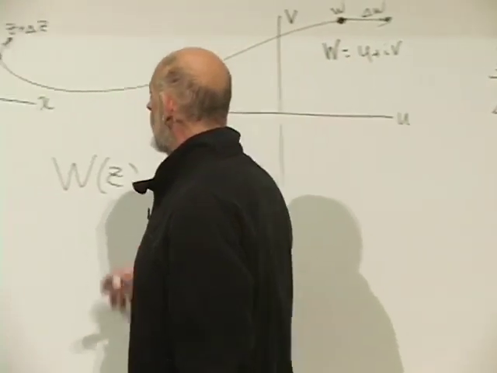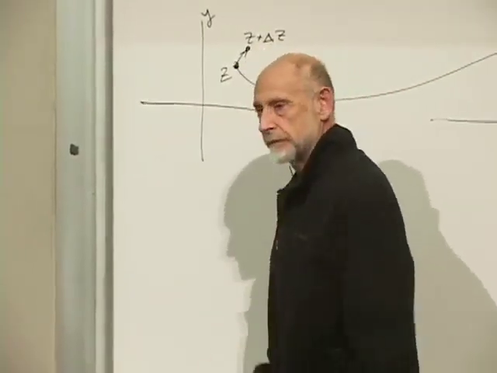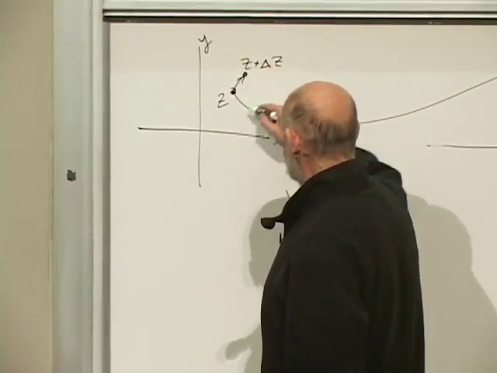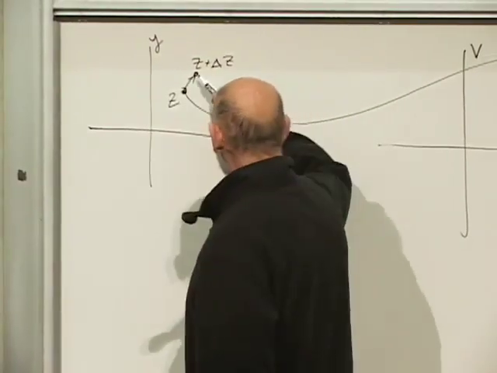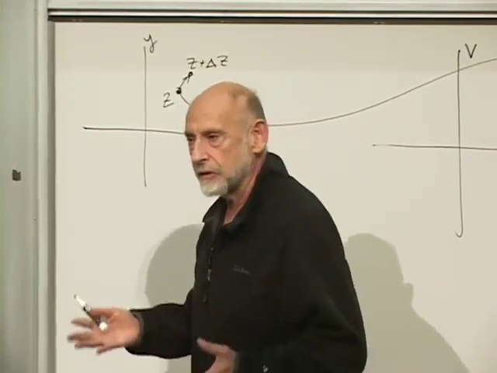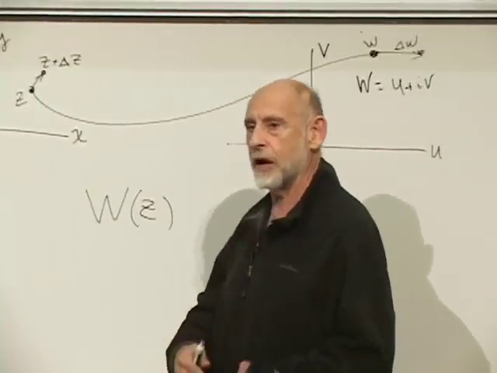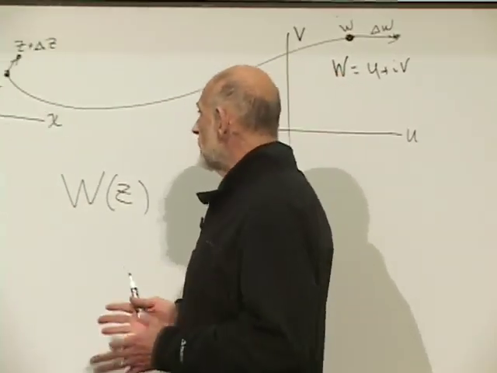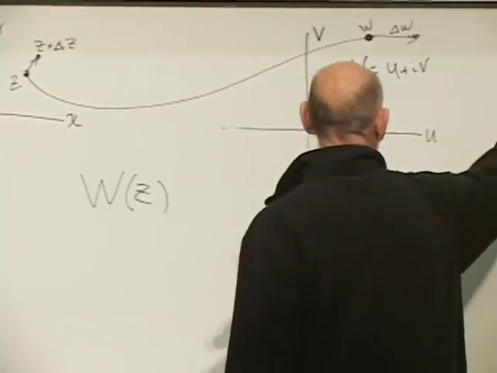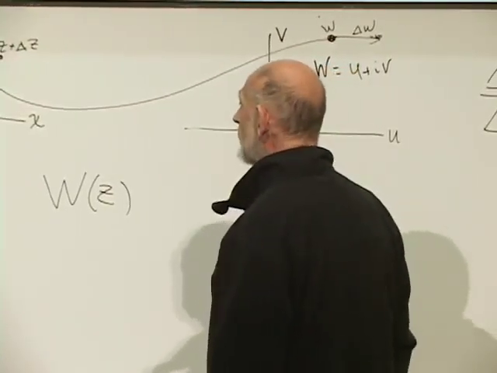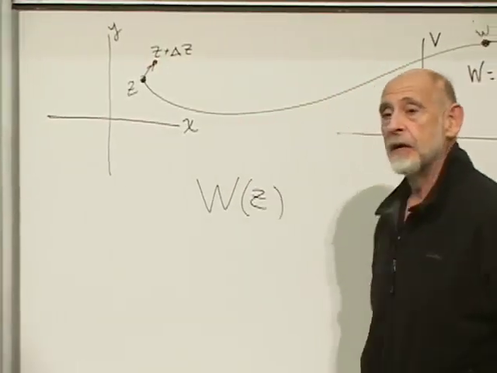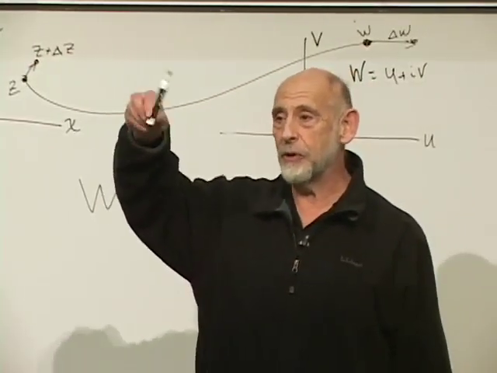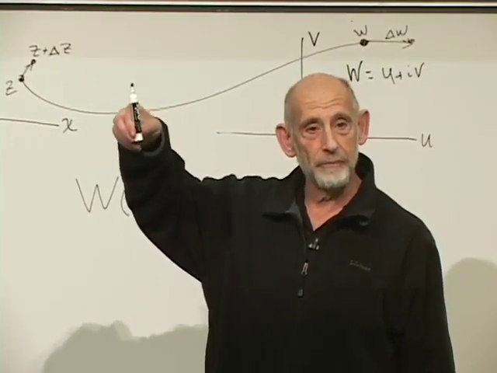You can approach the point z from any direction. And it's not at all clear that in general, even if the function is nice and continuous and has all sorts of good continuity properties, when you calculate the ratio delta w by delta z and then shrink the size of this, that the answer will be independent of which direction you're coming in from.